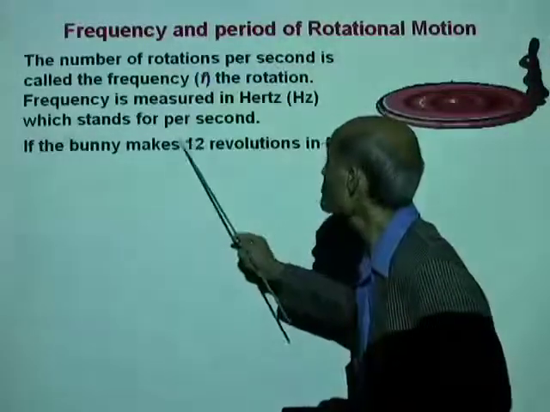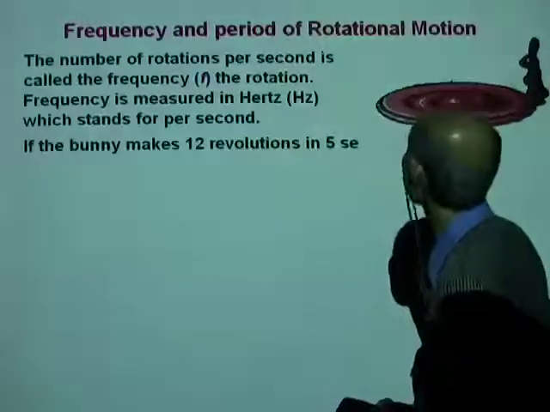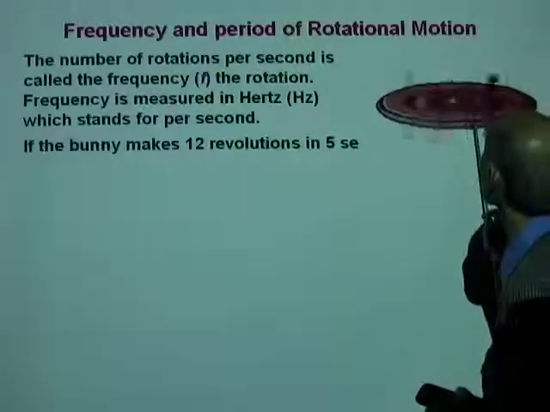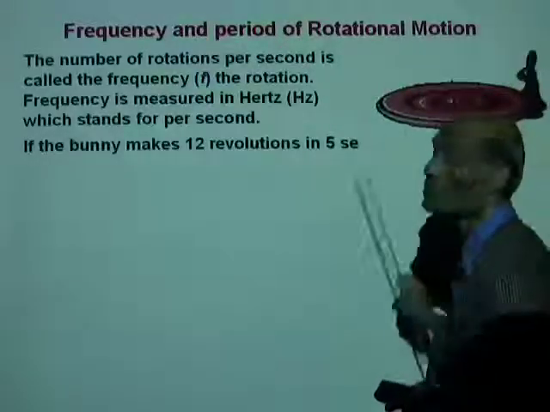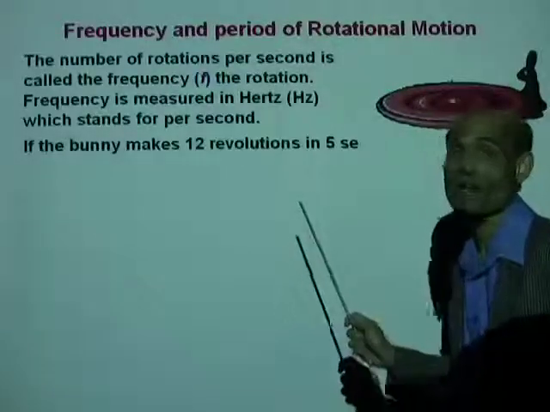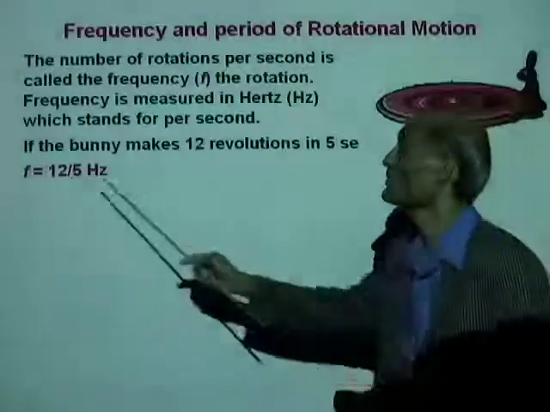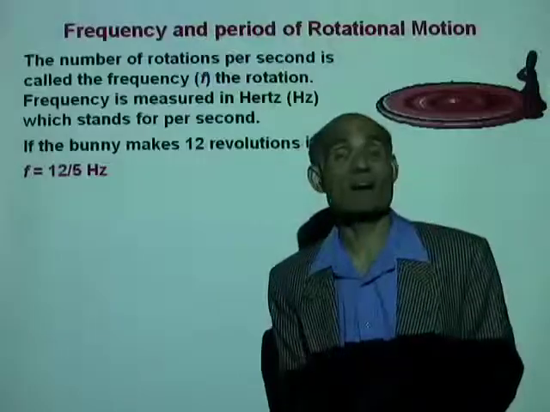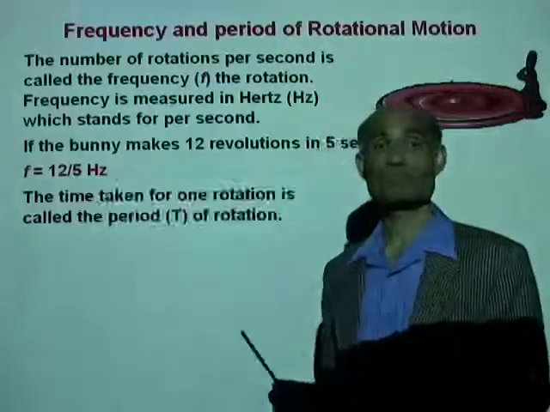If the bunny makes 12 revolutions in 5 seconds, then the frequency is 12 divided by 5 hertz.